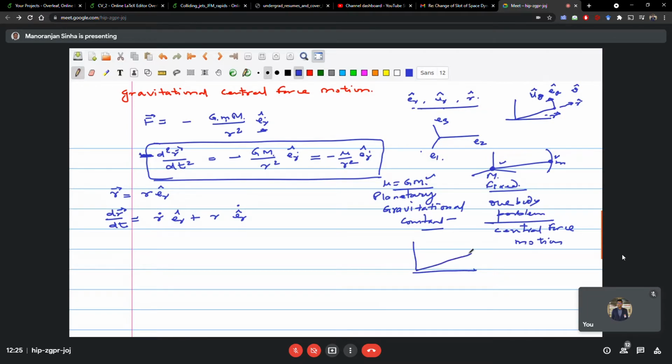Okay, this is the R vector here, and ER cap is along the same direction. As R is changing along the trajectory, the ER vector also is changing direction. ER is right now here, later on it will be here in this place. And therefore ER dot arises in the inertial frame.